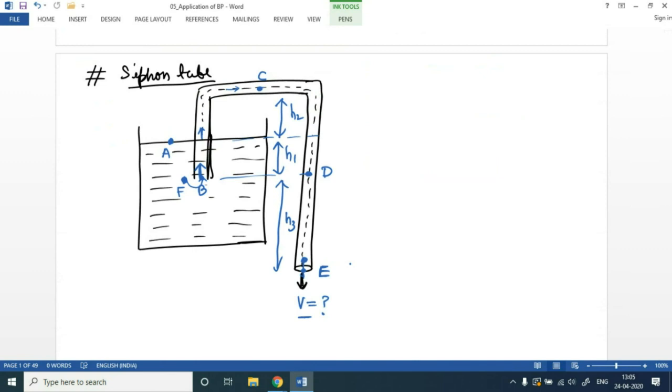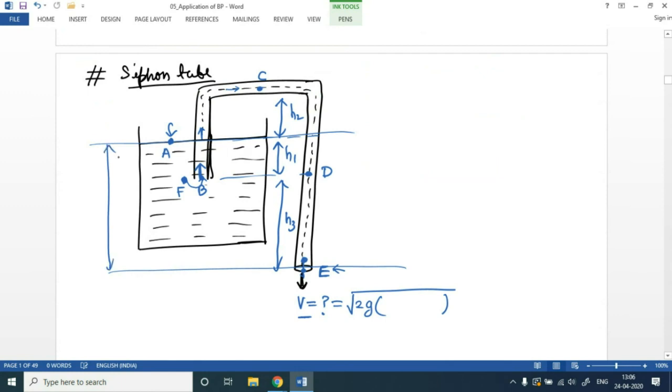You must also realize that the gauge pressure at A is 0 and the pressure at E is also 0. So between A and E there is no pressure difference. If we apply Bernoulli's principle between points A and E, we get the velocity at point E equal to root under 2g times some quantity in brackets, and this would be the difference in level of point E and point A, which you can definitely see is nothing but h1 plus h3.